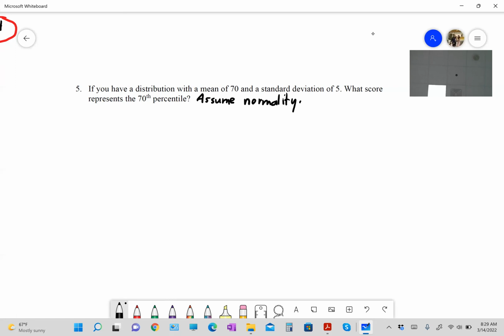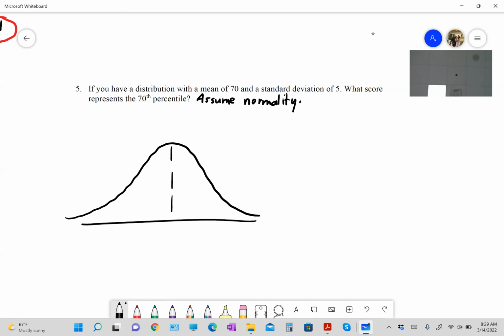So all you do is first draw it out with a mean of 70 and a sigma of 5. And now you have to figure out what the 70th percentile is.